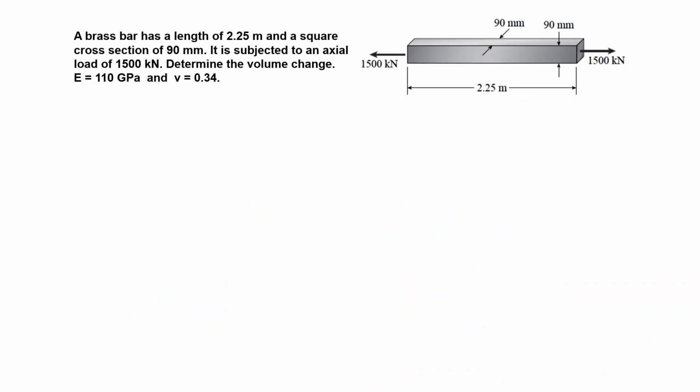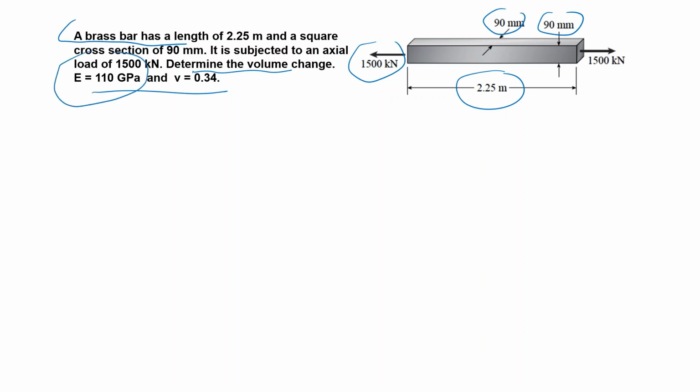Next, a brass bar has a length of 2.25 and a square section 90 times 90. Is subjected to an axial load of 1500 kilonewton. Determine the volume change. Elastic modulus is given, Poisson's ratio is given.